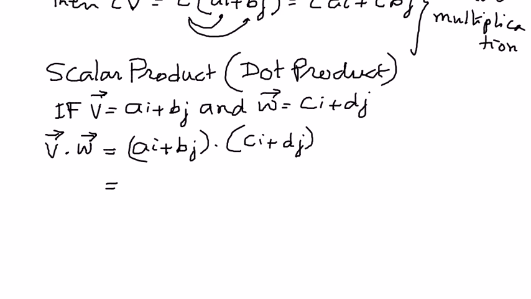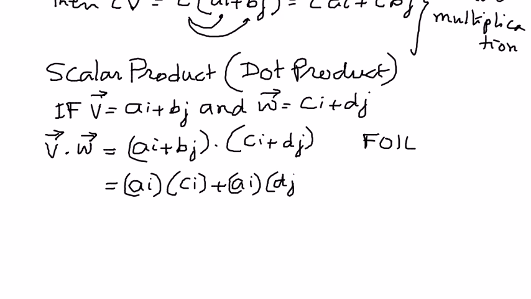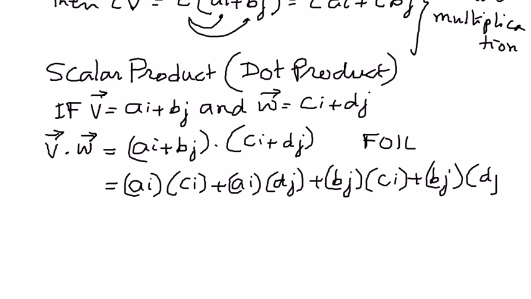And then using the FOIL method, we can expand this one out. FOIL method is nothing but we expand the first terms, expand the outer terms, expand the inner terms, and expand the last terms. That's what it means. So AI times CI, then AI times DJ plus BJ times CI plus BJ times DJ.